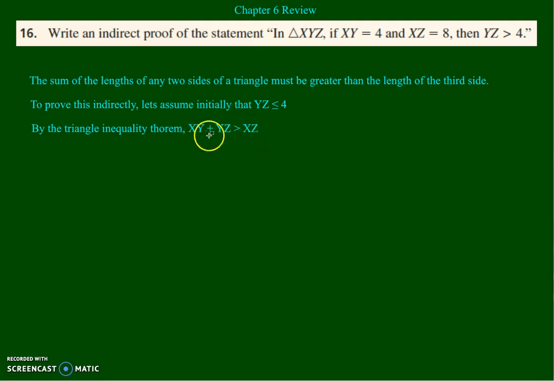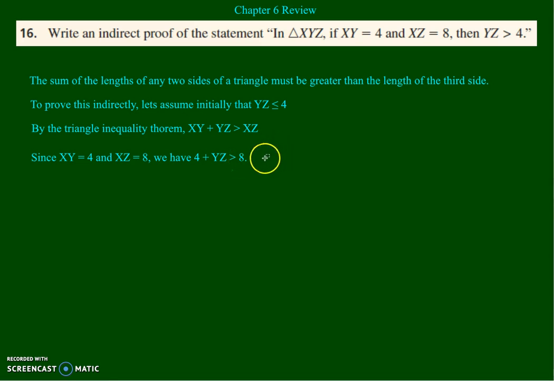And so using our given values, since XY equals 4 and XZ equals 8, we would have the expression 4 plus YZ is greater than 8. That's what would have to be true to employ the triangle inequality theorem.